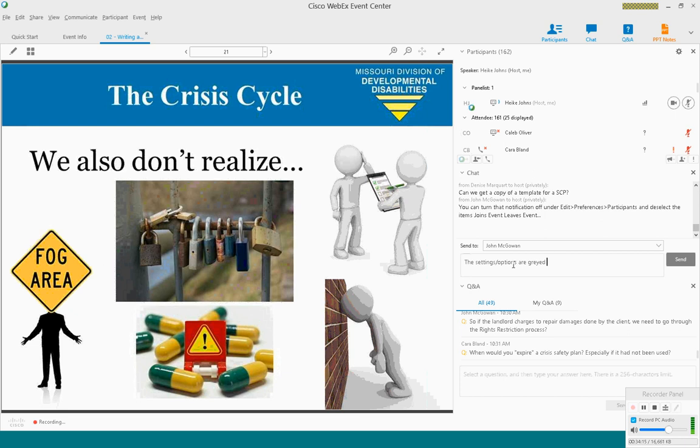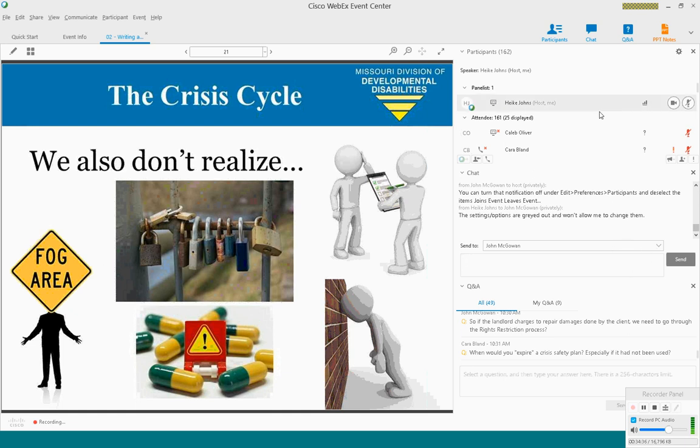We also don't realize a lot of these things that we're going to talk about now. A lot of these are long-standing issues that contribute to recurring episodes of crisis, or the so-called crisis cycle. So a lot of times there's a history of inconsistent implementation of strategies that have already been identified. So these are things that we know we're supposed to be doing, but we don't do them very well.